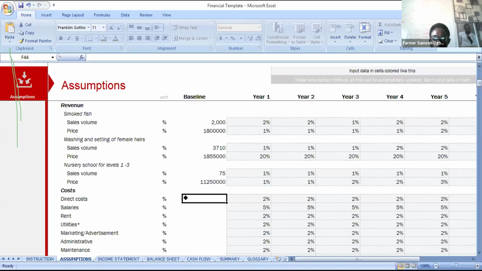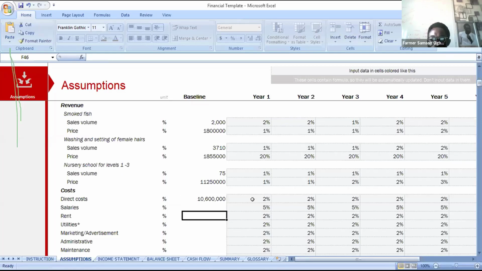Let's assume they use 1.2 here, and let's assume 1.2 in the other one. I'm just doing an assumption. Now, in your own case, these should not be assumptions, please. You should know the direct cost. So let's assume the total direct cost you spend in all of these areas is 10.6 million.